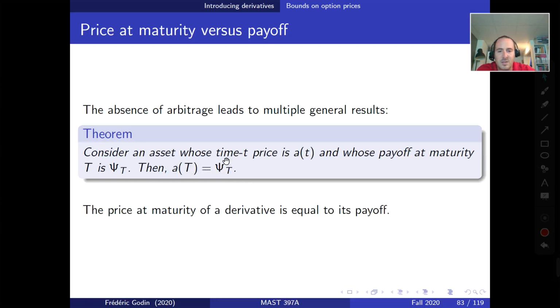Consider an asset whose time t price is A_t and whose payoff at maturity is psi_T. Then A_T is equal to psi_T, which means that at the maturity of an option or of a derivative, its price must be equal to its payoff.